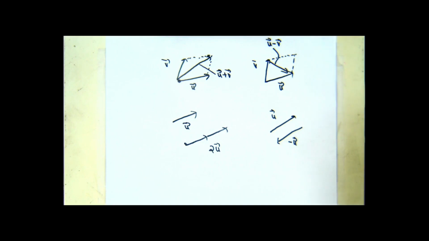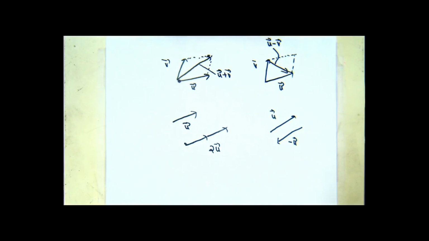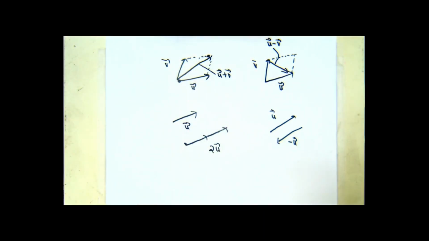If I give you 2 arrows in space-time, because we assume geometry is Euclidean, I can move the initial point of the 2 vectors to the same point, form the usual parallelogram, and tell you what the arrow u plus v is, or the arrow u minus v.